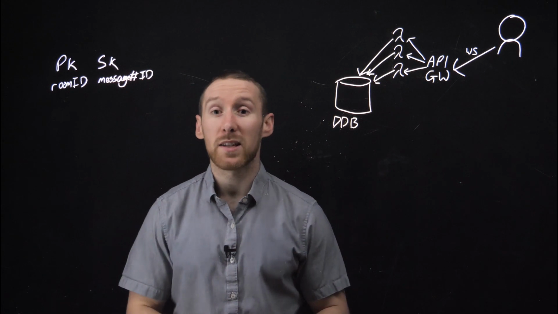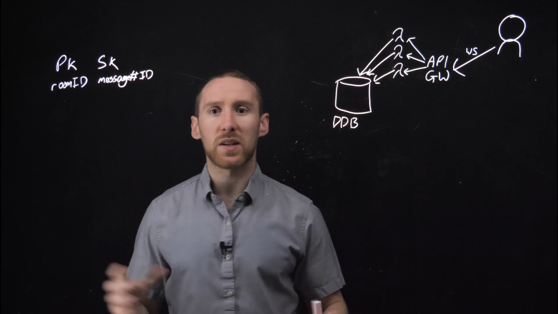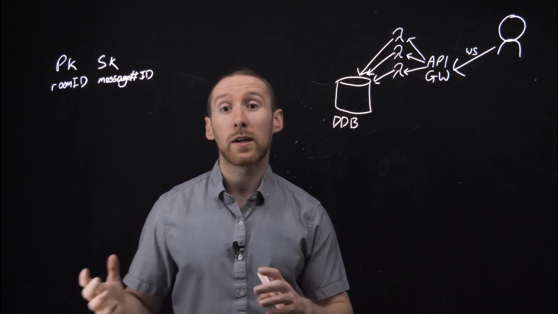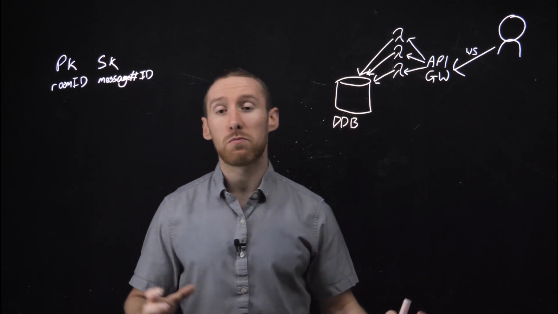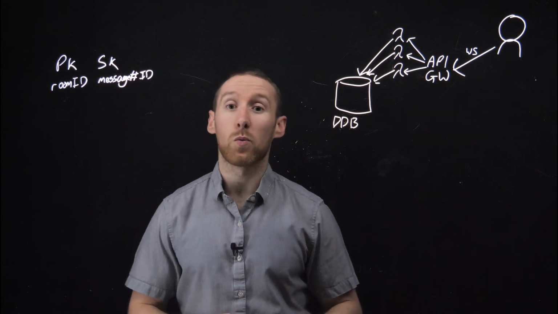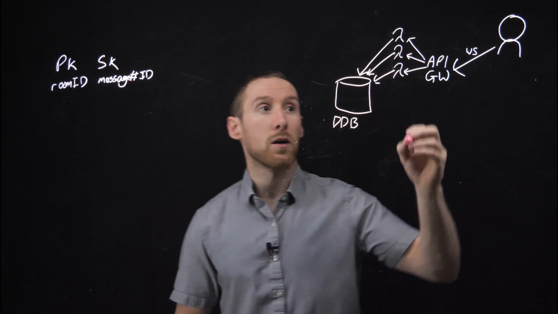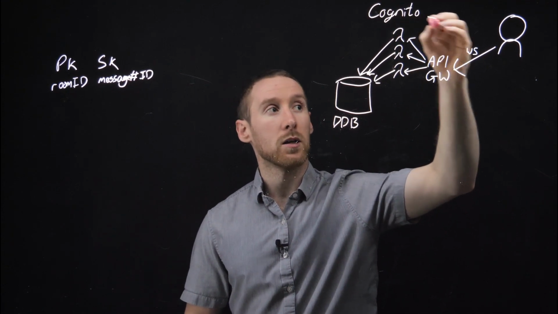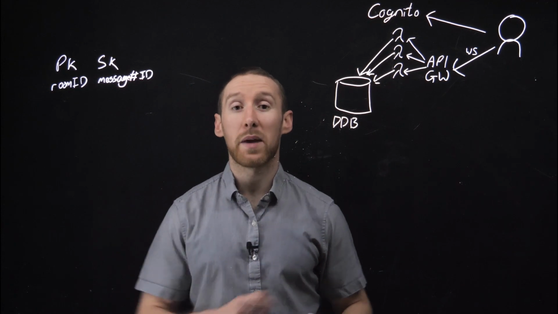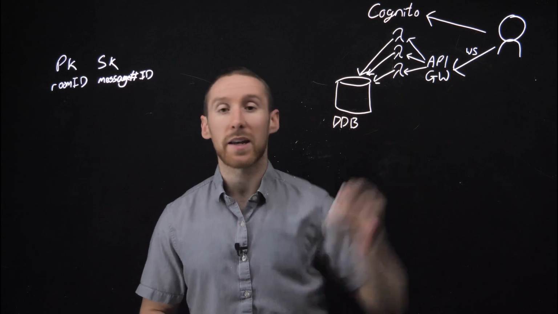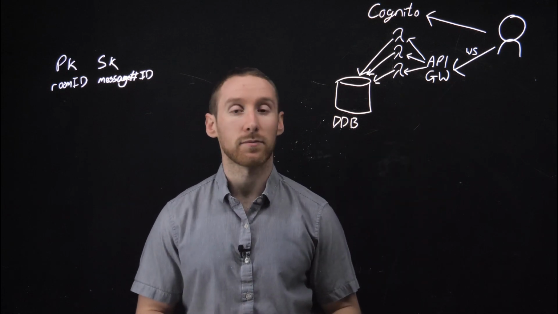The next part of this is that because we're now persisting data, we want a way of allowing or disallowing users to join a room. So now, before someone can connect to the WebSocket, we're also going to add Cognito as a sign-up mechanism so that we can know who the user is that is connecting via WebSocket.